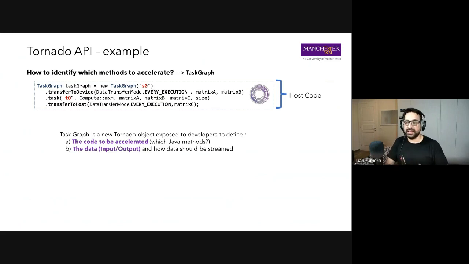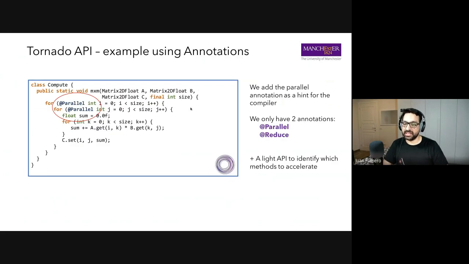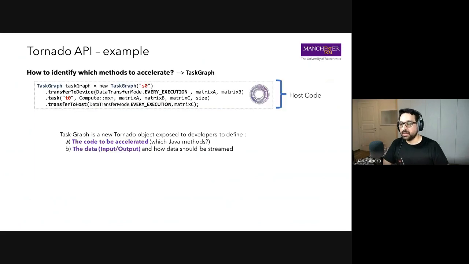In this case, we call transfer to device, and we say transfer matrices A and B, which are inputs. Then transfer to host the result, which we're expecting in matrix C. So matrix A and B are the actual input data, and C is the output. Right, and in between, we can have one or many tasks.